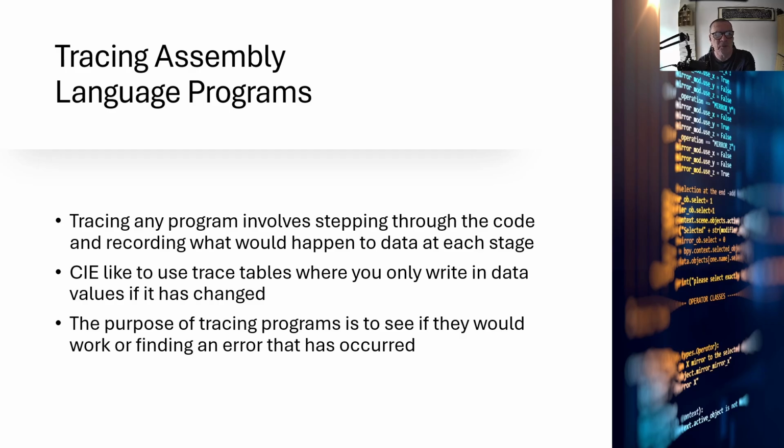And the purpose of tracing programs is to see if they would work before you even try them, or finding bugs in them if you are running them. So we want to step through the program line at a time, instruction at a time in this case, and see what would happen, what would change in terms of the data, and where would it go next.